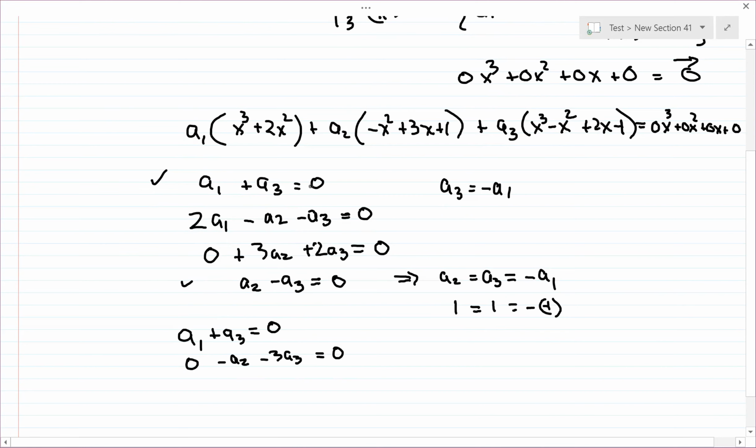Make sure I did that right. So I'm multiplying this equation by 2 and subtracting. That gives me 0 here. Yeah, this looks fine. And so far we have this.